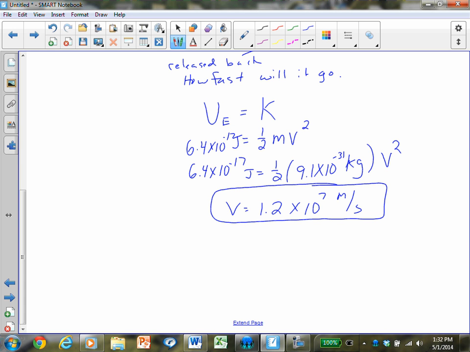So if you're asked for the speed or velocity of a particle, like an electron or a proton, first off, you have to remember that it's conservation of energy, where the energy becomes kinetic. Then you have to remember the masses of the protons and electrons are on your reference table.